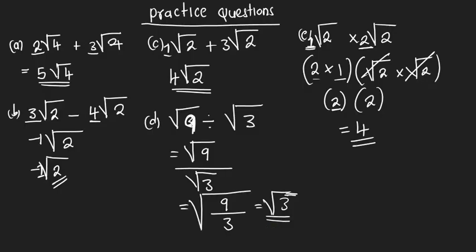Very good. You have a 2 in here and a 2 in here. When they are multiplying, root 2 multiplied by root 2, you just cancel the square roots. Sorry, this is not multiplication, it is addition. Because it is addition, they are just like terms.